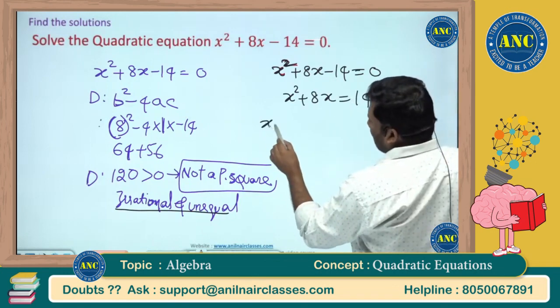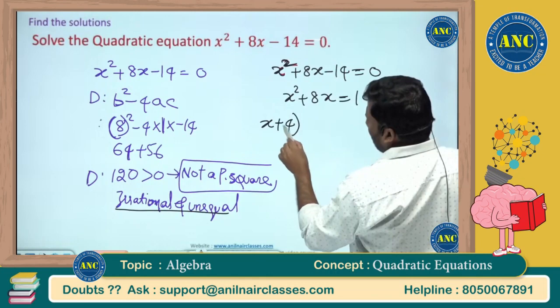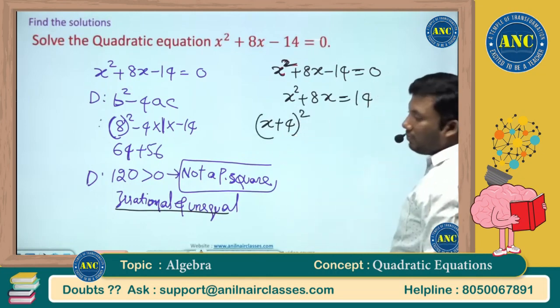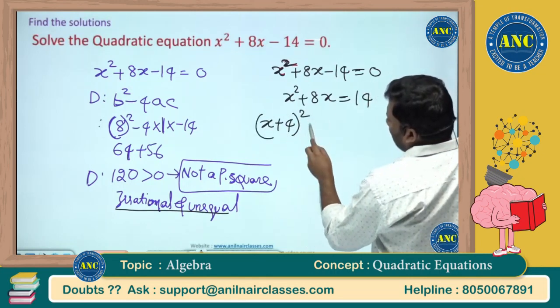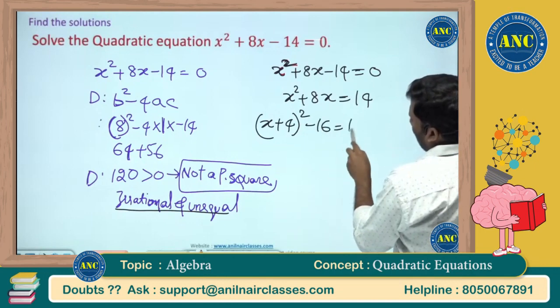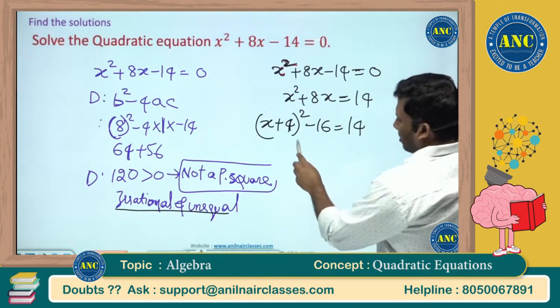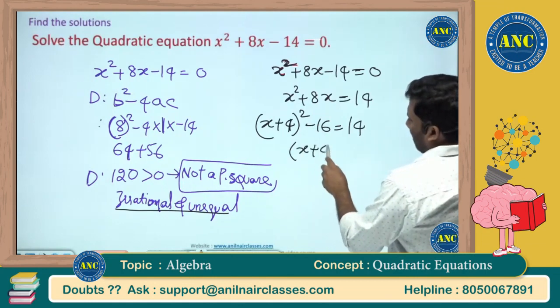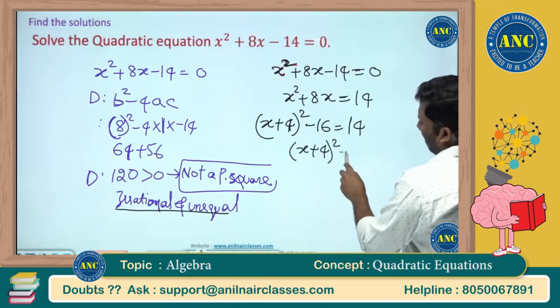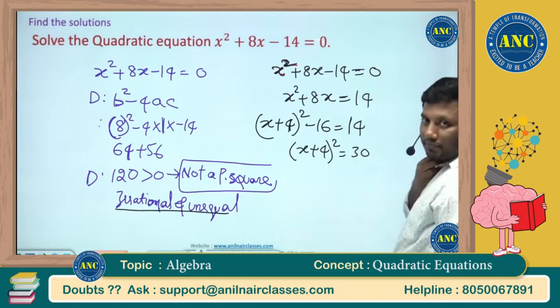This can be written as (x plus 4) whole square minus 16 equivalent to 14. Are you with me? So this will be (x plus 4) whole square equivalent to 30.